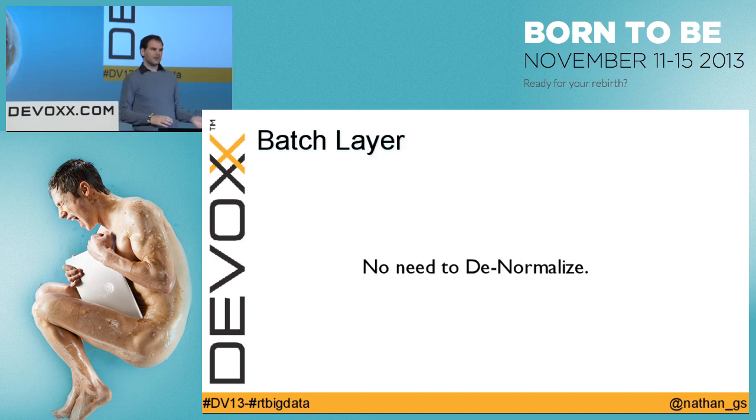Of course, it might be that you need to take some shortcuts in your batch layer, but as always with an architecture, there's a difference between the ideal and the actual output.